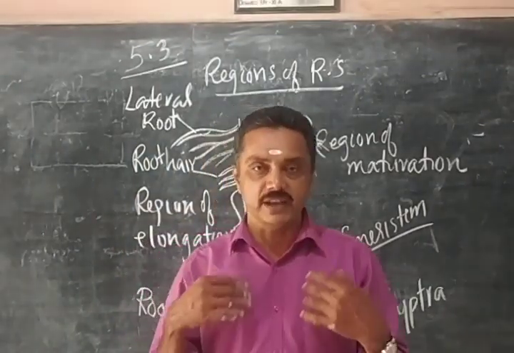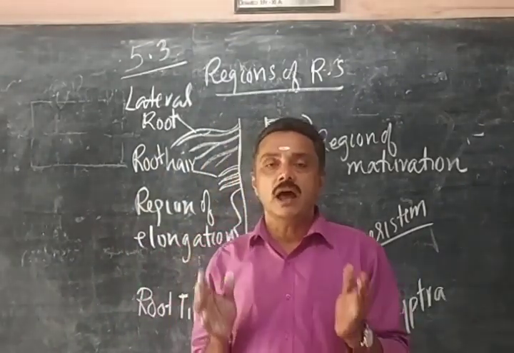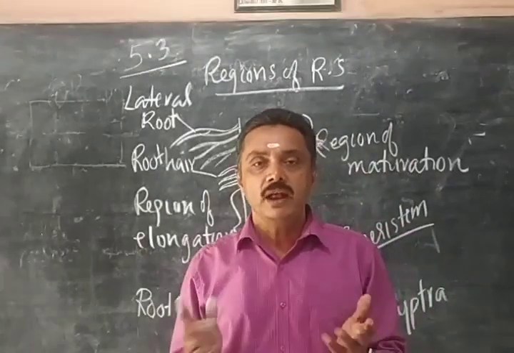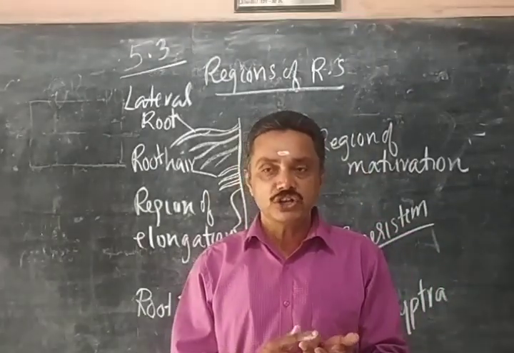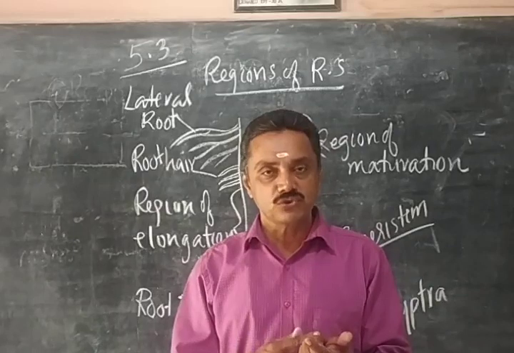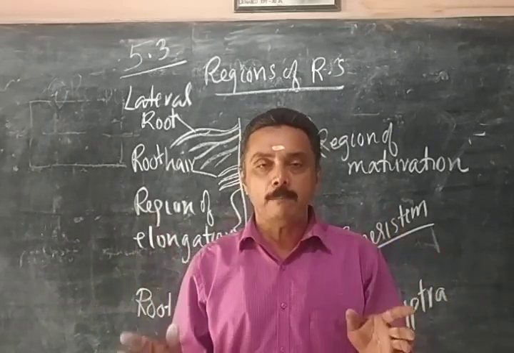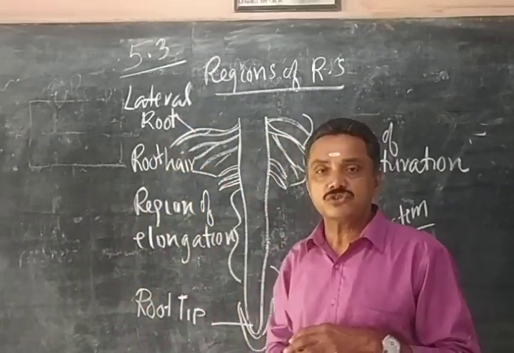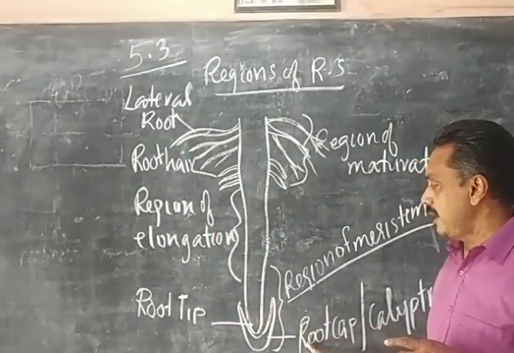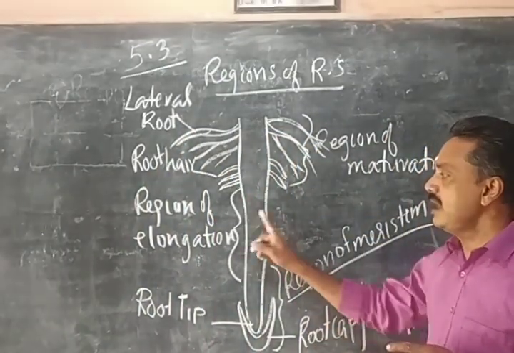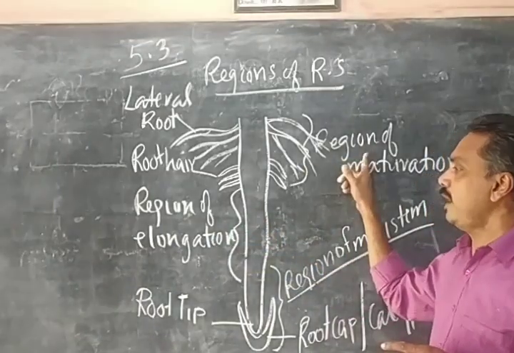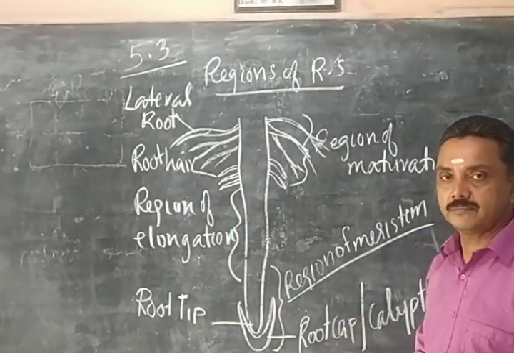I will revise once again. There are three types of root system: taproot system, adventitious root system, and fibrous root system. Then come the regions of the root system: region of meristematic activity, region of elongation, and region of maturation.